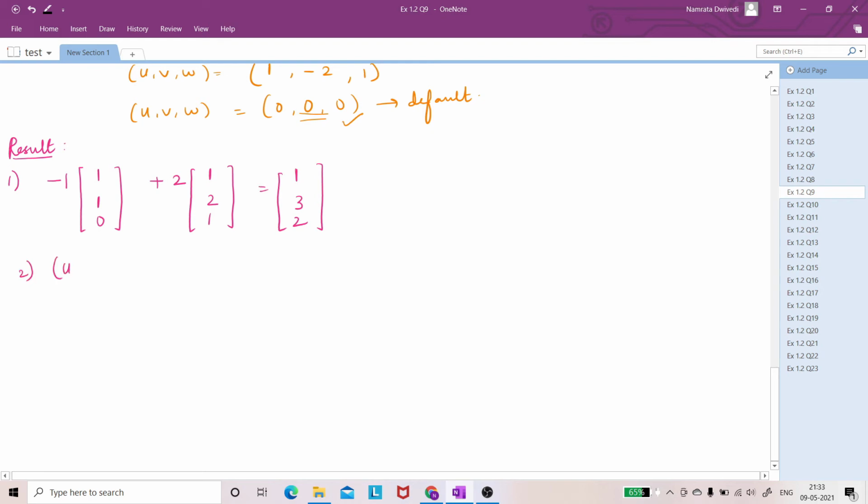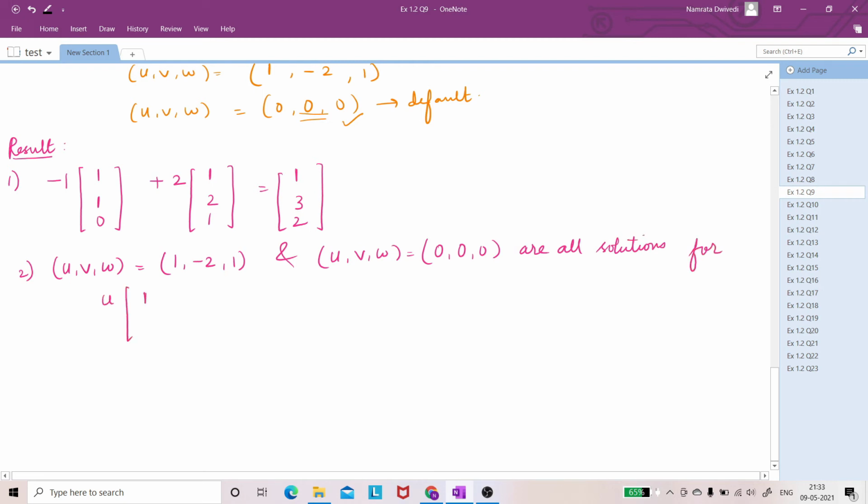And second one is (u, v, w) equal to (1, -2, 1) and (u, v, w) equal to (0, 0, 0) are all solutions for u(1, 1, 0) plus v(1, 2, 1) plus w(1, 3, 2) equal to (0, 0, 0). Yes, so we have got this. Very good.